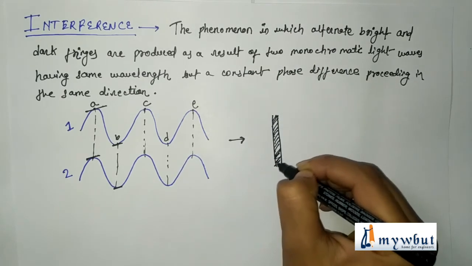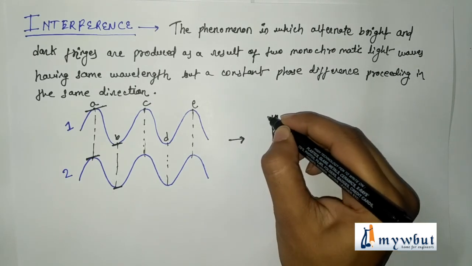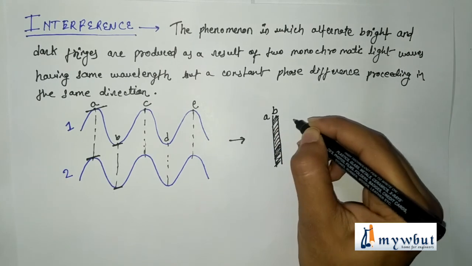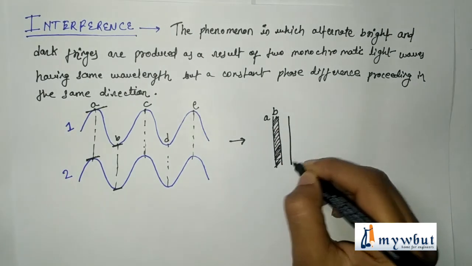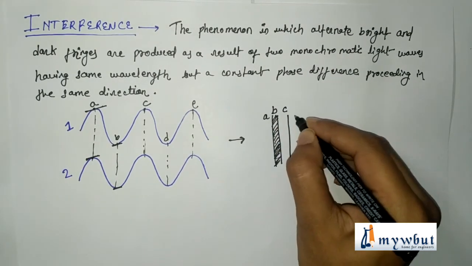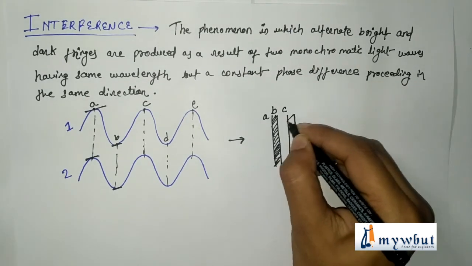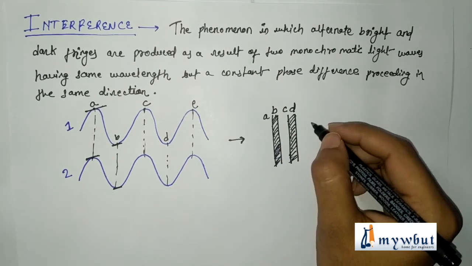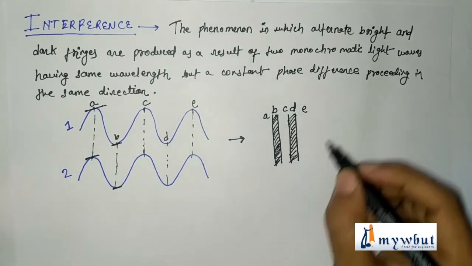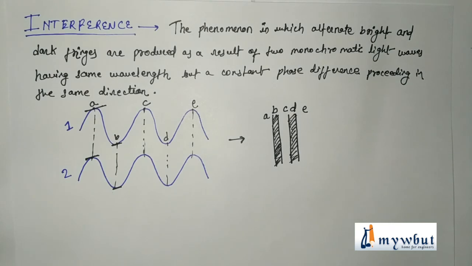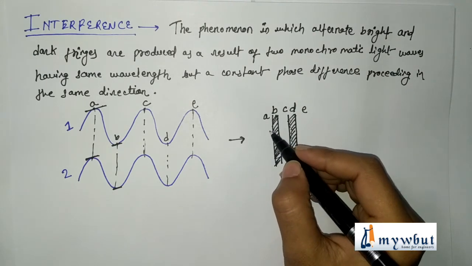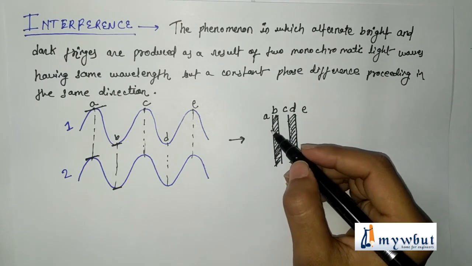I think you are getting this. So this is area A, this will be area B, again here will be area C, and here will be area D, and again there will be area E. So you can see that where troughs are meeting, we are getting a positive value, or we are getting the addition of the positive value.